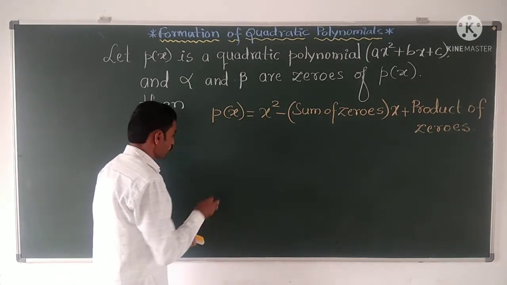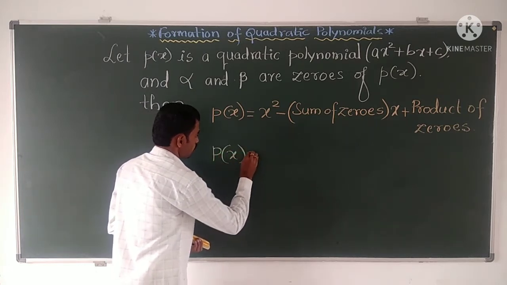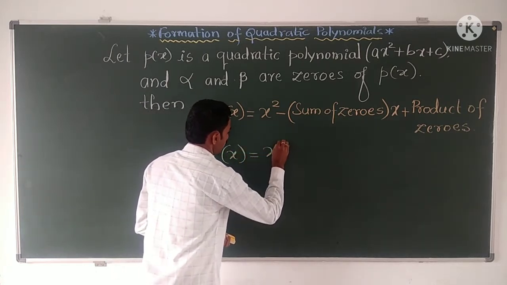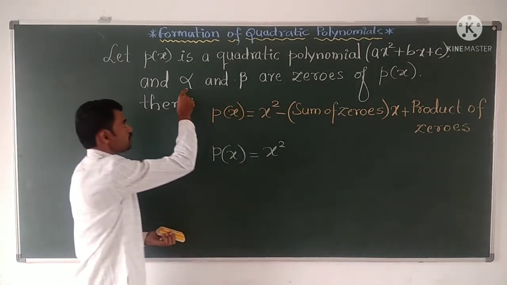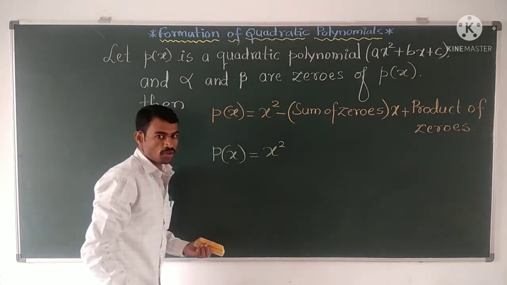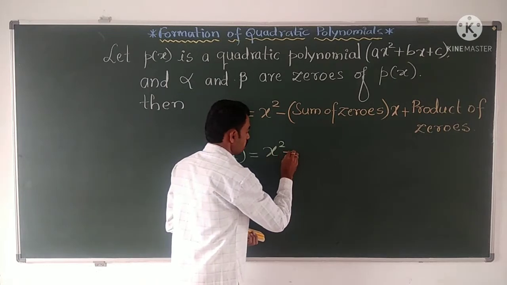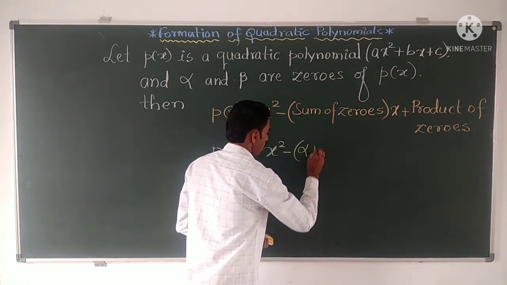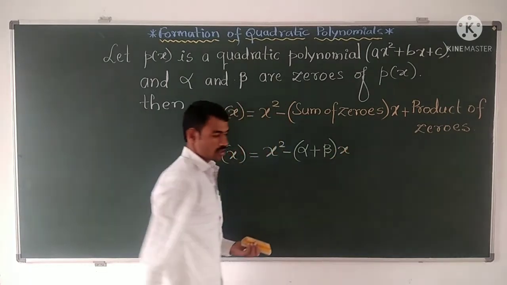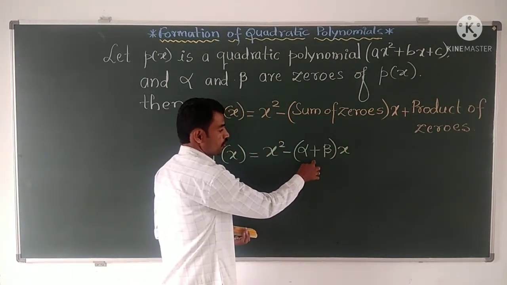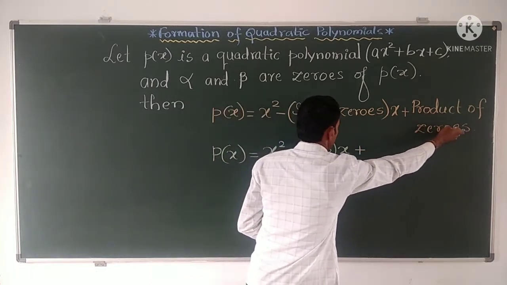That is, P of x is equal to x square minus, then sum of the zeros, that is, alpha and beta are the two zeros, sum alpha plus beta, into x, plus the product of zeros.